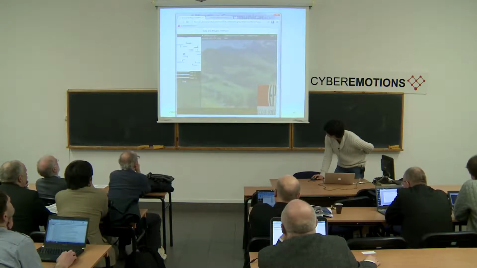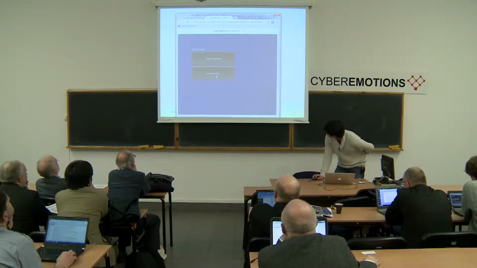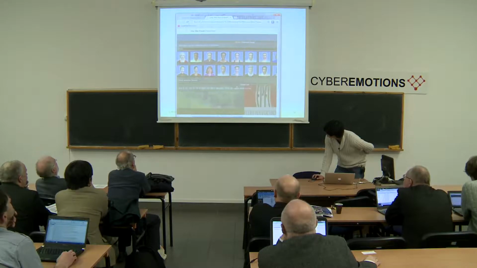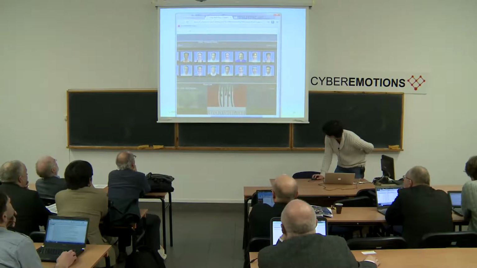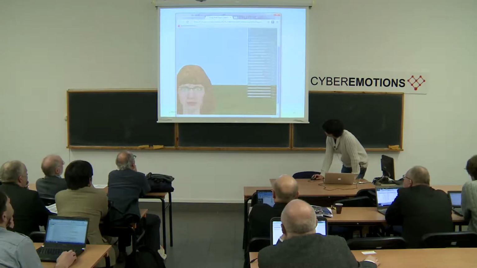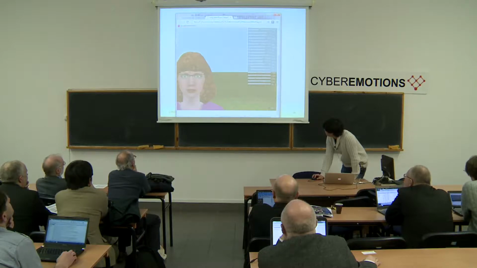So the scene was created like this, and I made another avatar join this server, and you will see the room here. Let's say we select this character. The window is very small, so we cannot see clearly.